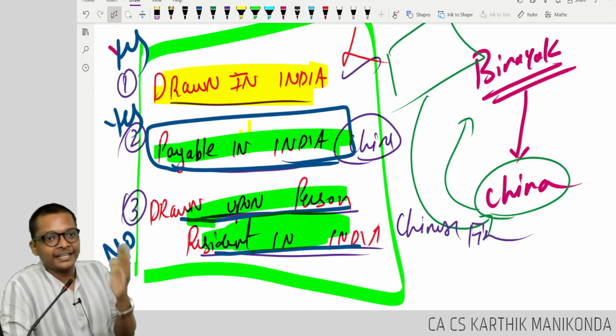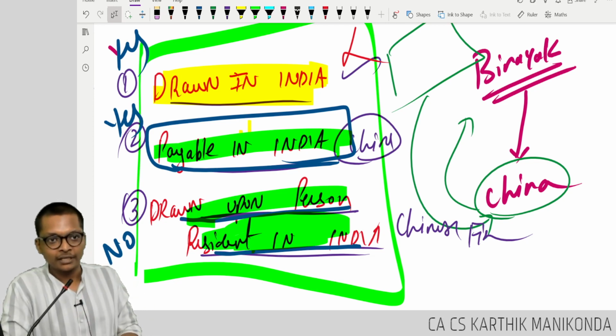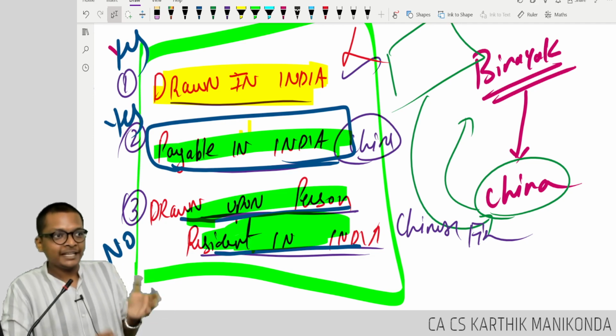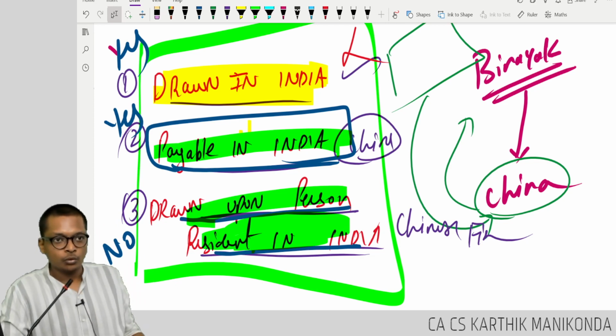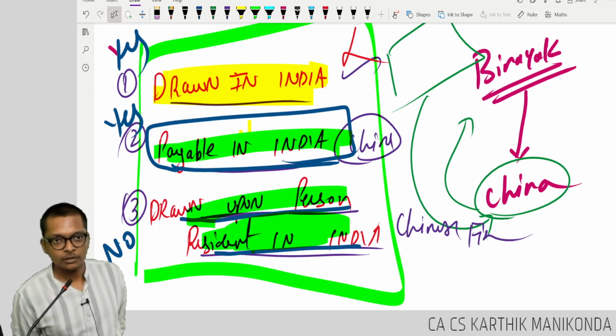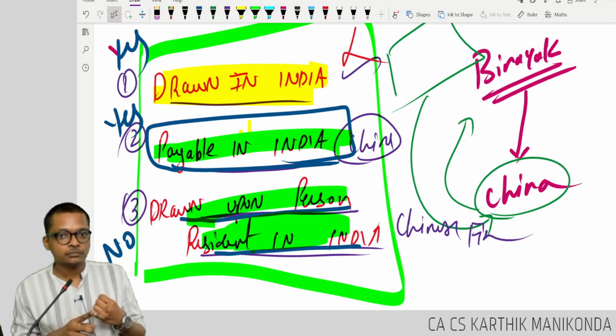Now I'll give an example. Let's say Virat Kohli and Rohit Sharma went to the US for playing the World Cup. There in a restaurant, the bill was $1,000. Virat Kohli drew a check and gave it to Rohit Sharma. Here, take the money. Now, is this instrument inland or foreign? You got the question? Where is it drawn?